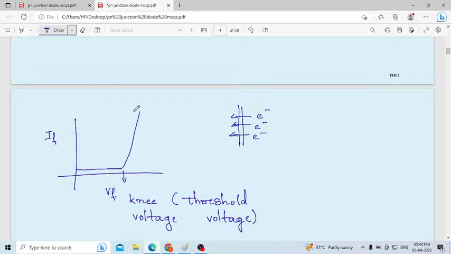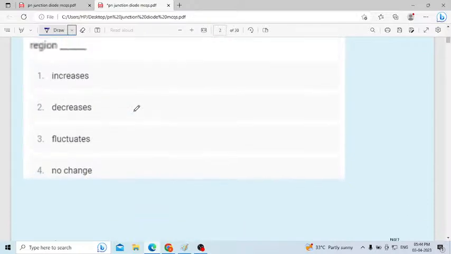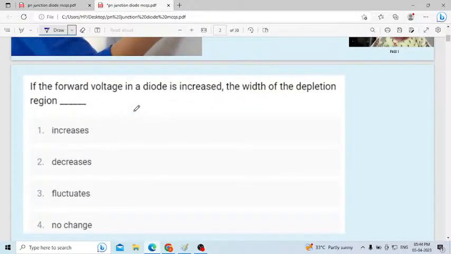Okay, then you can answer the first question very easily based on my explanation. If the forward voltage in the diode is increased, the width of the depletion region will decrease. The correct answer for this question is decreases, because already I explained all the reasons.